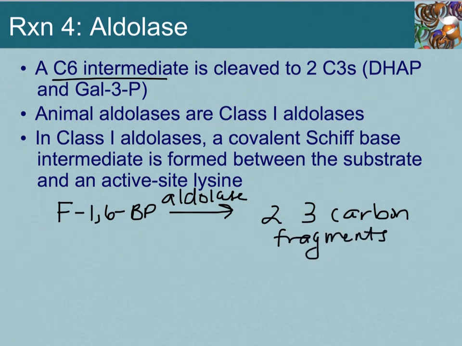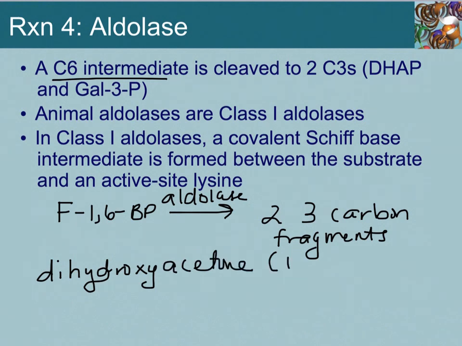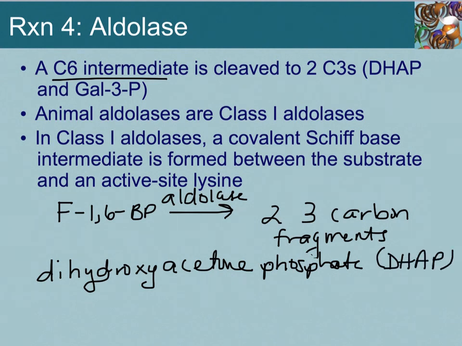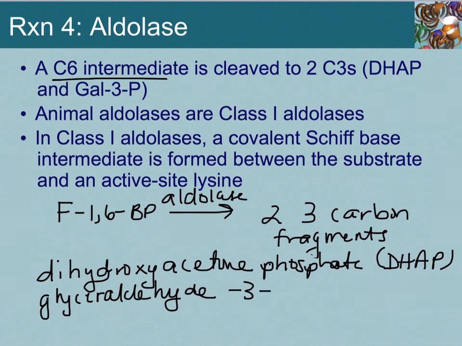Those 3-carbon fragments are dihydroxyacetone phosphate, can't forget those phosphates, DHAP, and glyceraldehyde 3-phosphate, which is G3P.